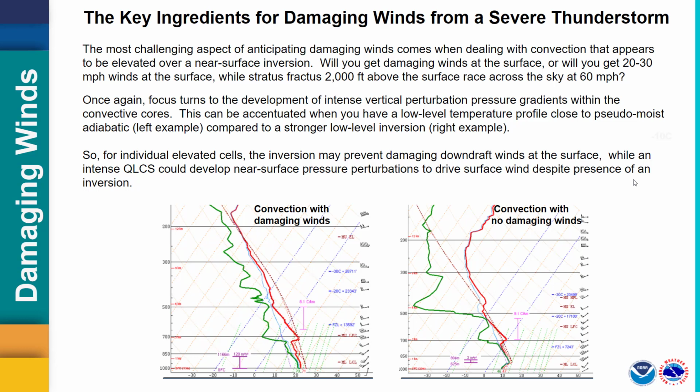Perhaps the greatest challenge is dealing with the damaging wind threat when you have an existing near-surface inversion, and likely have elevated convection. For individual elevated cells, the inversion may prevent damaging downdraft winds at the surface, while an intense QLCS could develop near-surface pressure perturbations to drive surface wind despite the presence of an inversion.